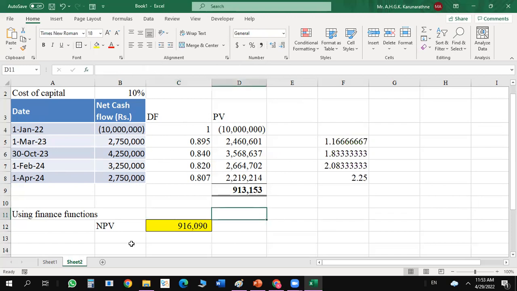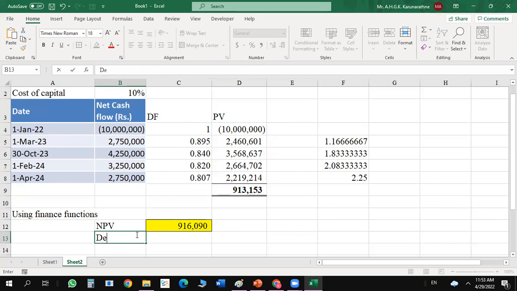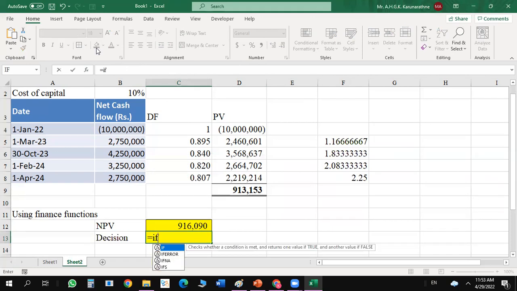Right. Then decision rule. How do we get the decisions? Say equal, if this particular cell value is greater than or equal to 0.